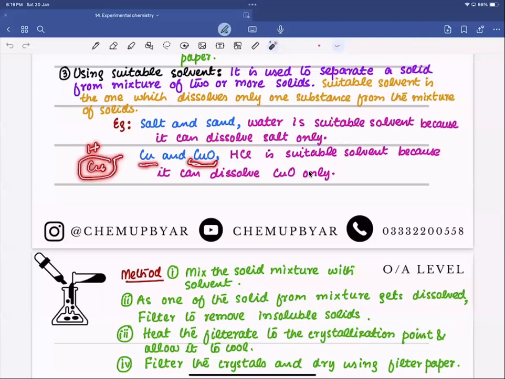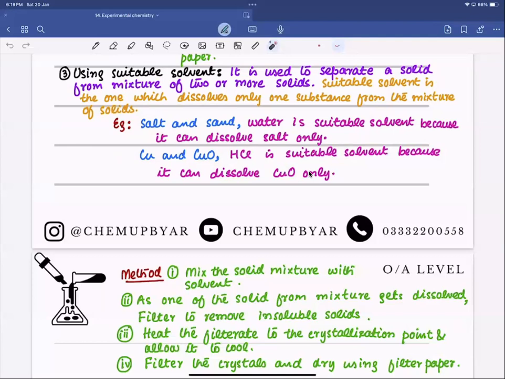But copper oxide, a metal oxide, reacts with acid. So to separate this mixture I can take HCl as the suitable solvent. It can dissolve copper oxide and cannot dissolve copper metal. So the suitable solvent is always the one which dissolves any one of the solid components of the mixture.